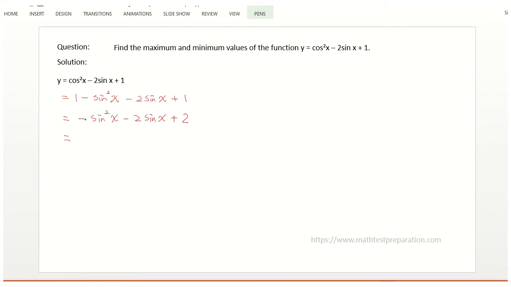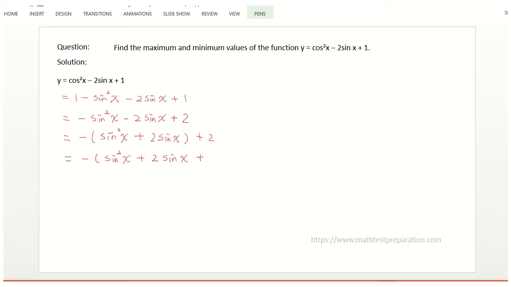Now, we bring out the minus sign, so subtract here sine x squared, here plus negative positive, so negative times positive is negative, so plus 2 times sine x, here plus 2.